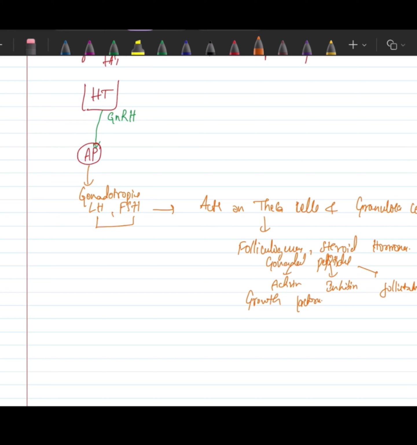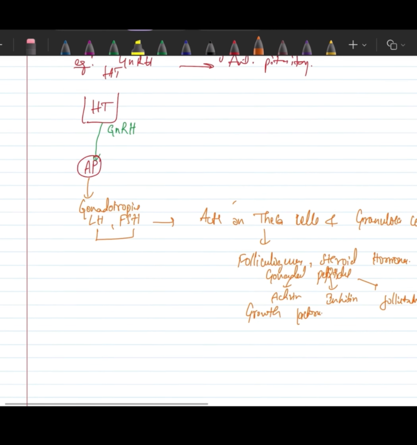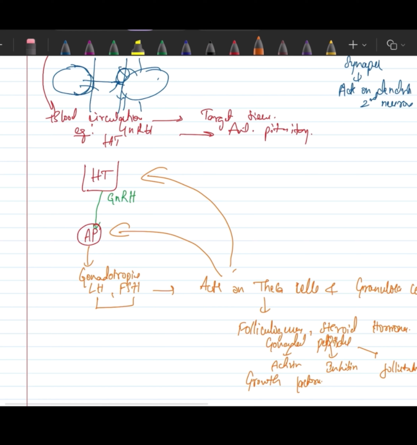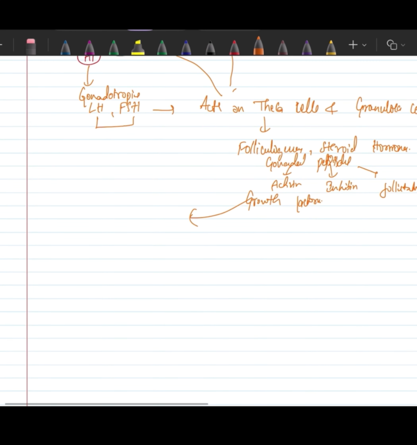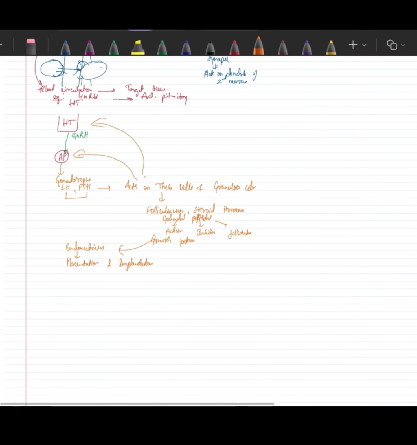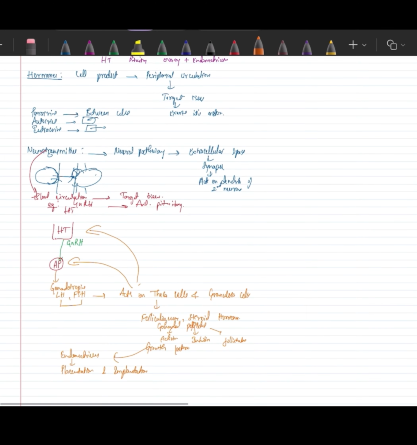They also have an inhibitory effect on the hypothalamus and pituitary gland, leading to negative feedback and thus decreased hormone production. They also help in preparing the endometrium for implantation and placentation if the woman is pregnant. So now let's start with hormone biosynthesis and mechanism of action.